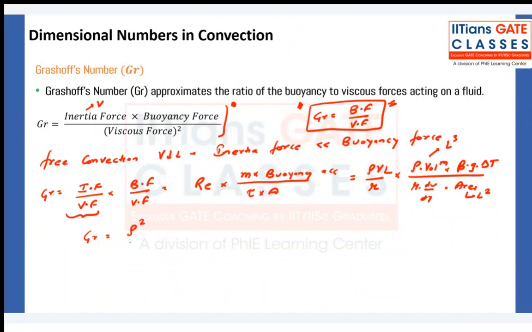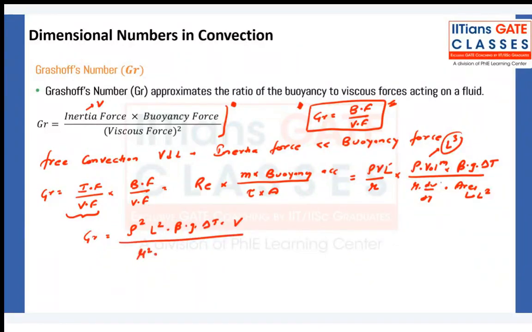L square will get cancelled here, but one L is here, so L square will be there. And beta g delta T by V upon mu square.